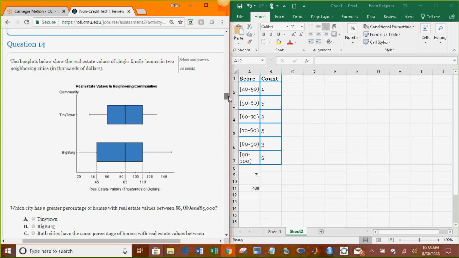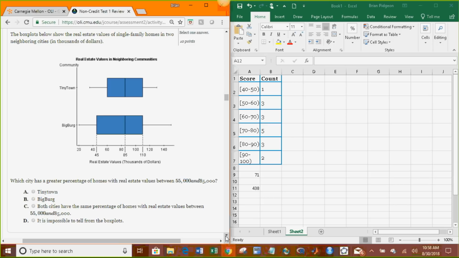All right, same box plots. The box plots below show the real estate values of single-family homes in 2 neighboring cities, Tinytown and Big Bird. So which city has a greater percentage of homes with real estate values between $55,000 and $85,000? So box plots are helpful in showing you what the quartiles of your data are, summarizing the data into 4 chunks of equal size.